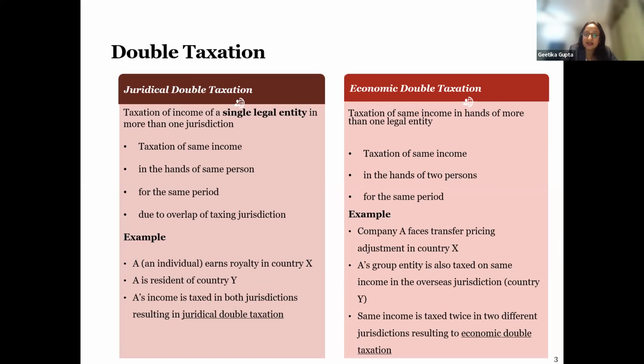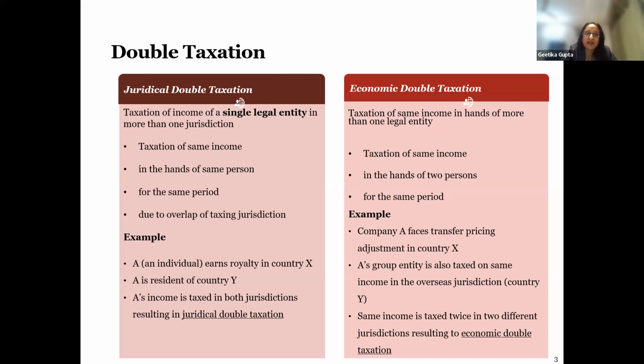I'll first discuss the concept of juridical double taxation. It is basically taxation of income of a single legal entity in more than one jurisdiction. So it's taxation of the same income in the hands of the same person for the same period due to overlap of taxing jurisdiction.